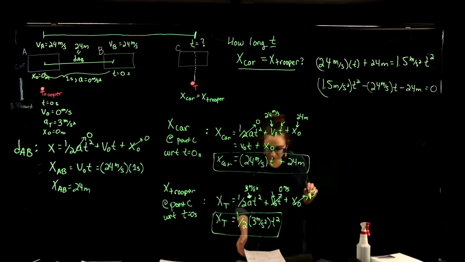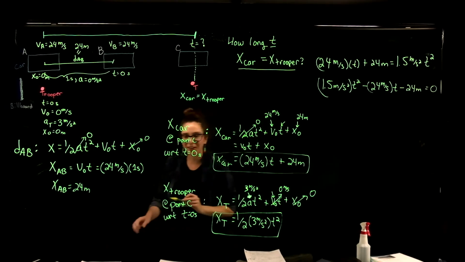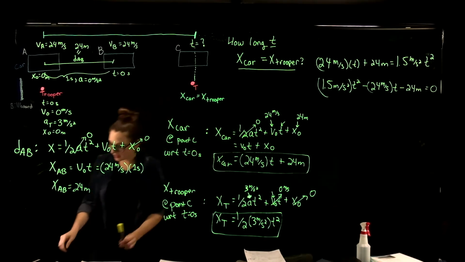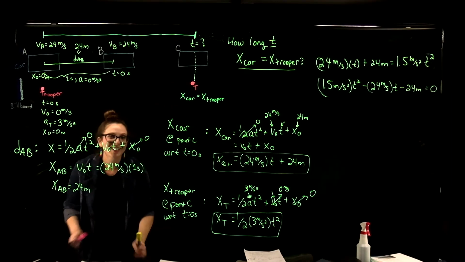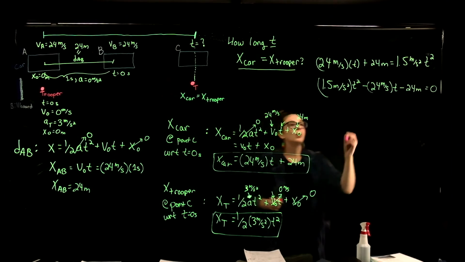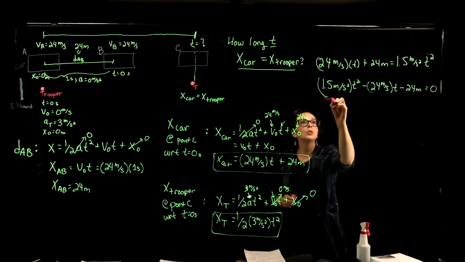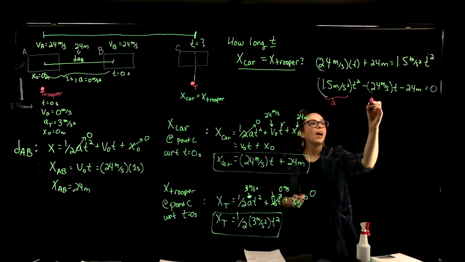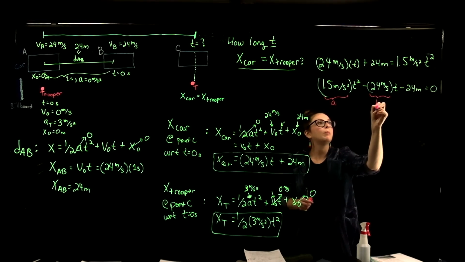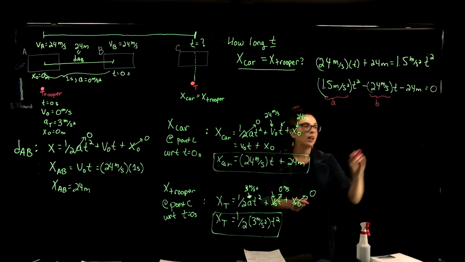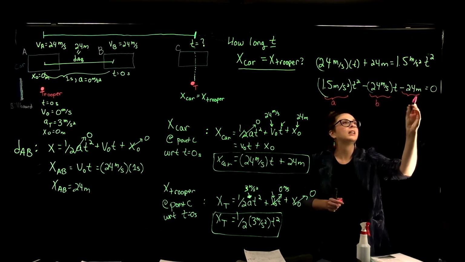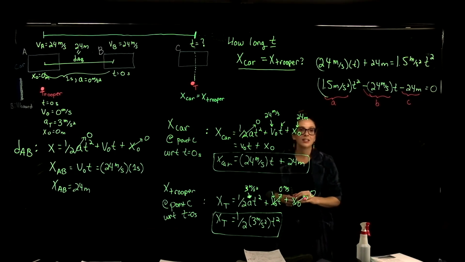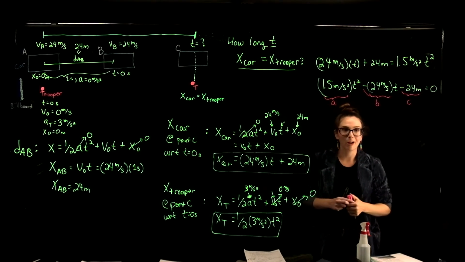Now, if you remember, maybe from algebra, that this is a quadratic equation. We've got a quantity here, which I'm going to call a, times t squared. And then we have a quantity, which I'll call b, times t. And then we have this final quantity here, which I'm going to call c. Okay, and it's not being multiplied by our variable t.